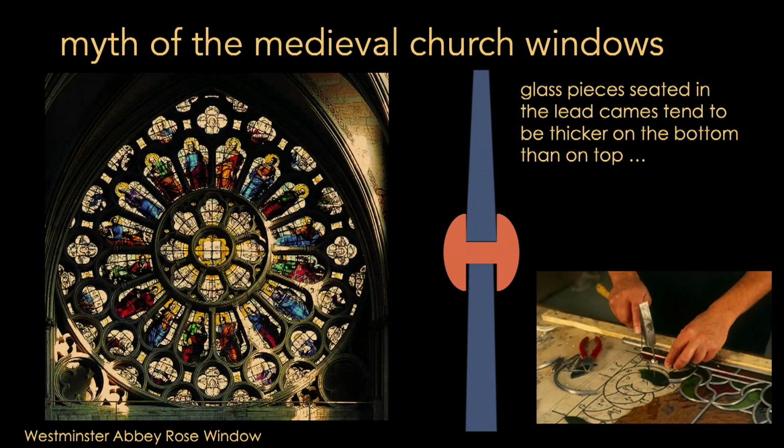Before I get there, I talked about church windows, and I talked about the fact that they are all put into this framework of lead cames that hold little segments of glass. And in modern days, when people had to repair such a thing, they noticed that the glass was typically thicker on the bottom.